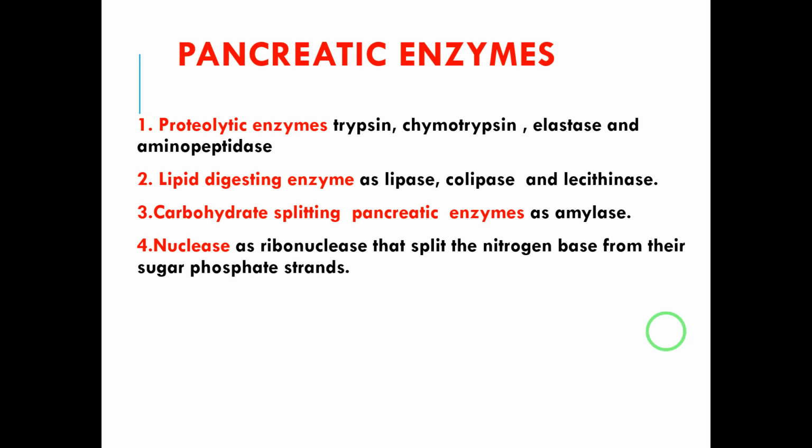One question is whether these enzymes completely digest all the nutrients that come from the stomach. The answer is no. They cannot completely digest them. They usually convert them to smaller molecules that can be acted on by intestinal enzymes later on to make them ready to be absorbed by the intestinal cells. So the pancreatic enzymes are very important for digestion, but in most cases they do not digest nutrients completely.